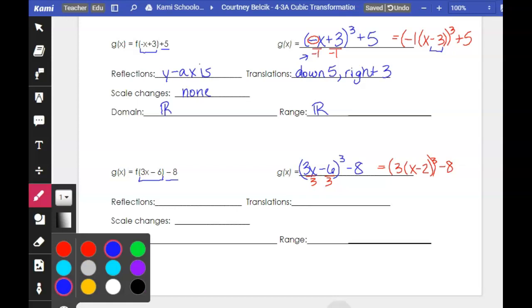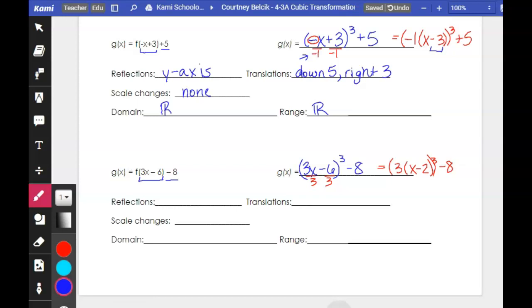Are there any negatives? No. So there's no reflections. Is there any plus or minus numbers? Yes. We're shifting down 8. We're also shifting right 2. Scale changes, we have a 3 in parentheses. So that means that this is a horizontal change.